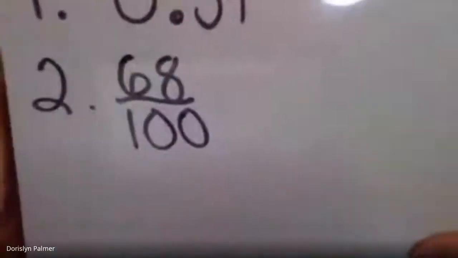Okay. All right. How many blocks are shaded? 68. Good. So I'm going to write that as a fraction. Connor told me 68 out of the 100 are shaded. So that's 68 hundredths.